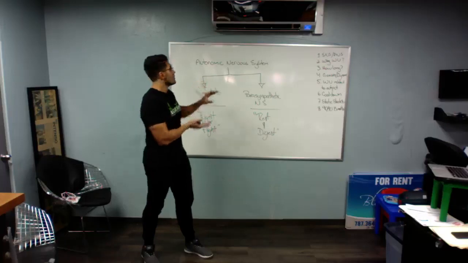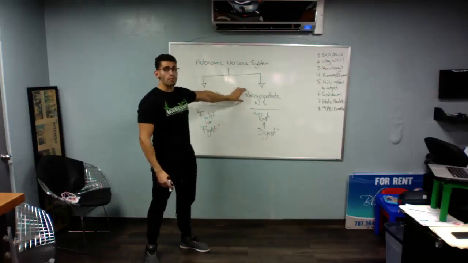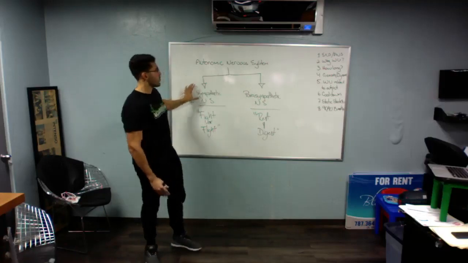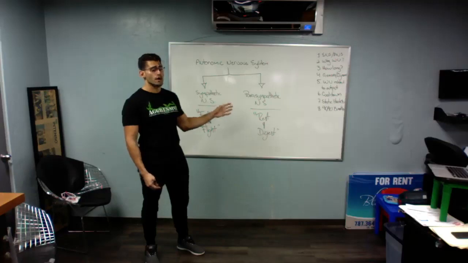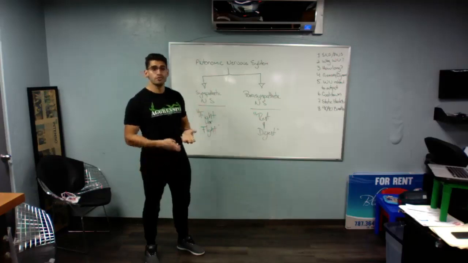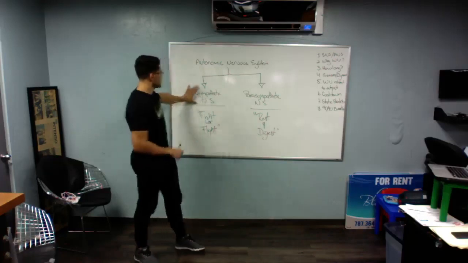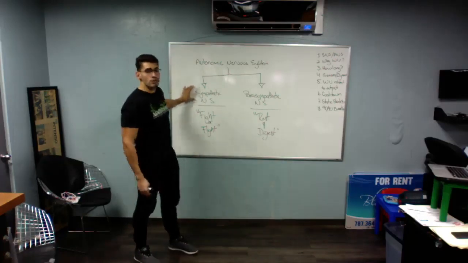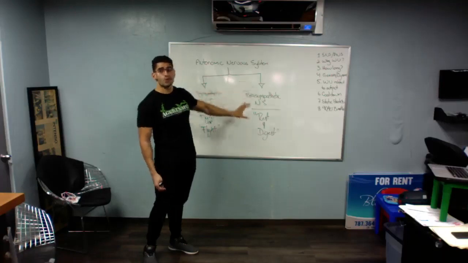All right. So knowing where we want to be and where we don't want to be, this is very important. I will talk about food and digestion in a later YouTube video. But right now, just know that sympathetic is where we want to be, and parasympathetic is where we want to be after the workout.